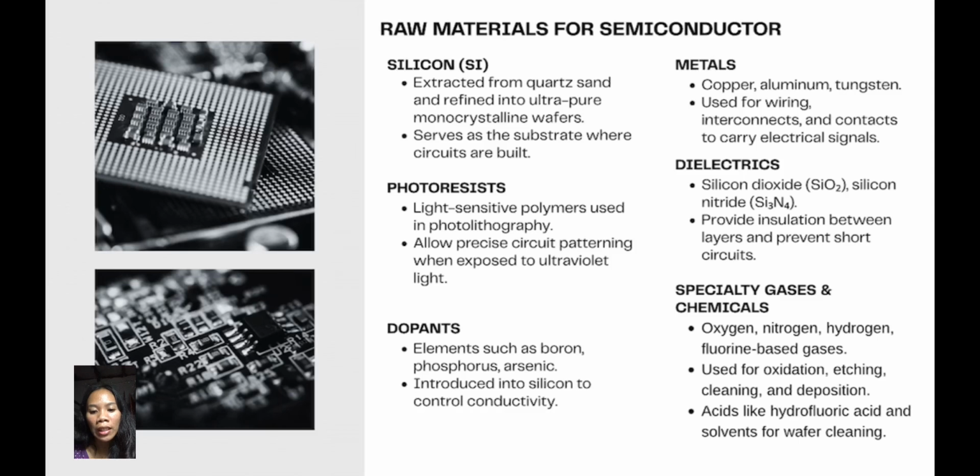Silicon dioxide, silicon nitride provide insulation between layers and prevent short circuit. And lastly, we have specialty gases and chemicals. Oxygen, nitrogen, hydrogen, fluorine-based gases are used for oxidation, etching, cleaning, and deposition. Acid like hydrofluoric acid is a solvent for wafer cleaning.